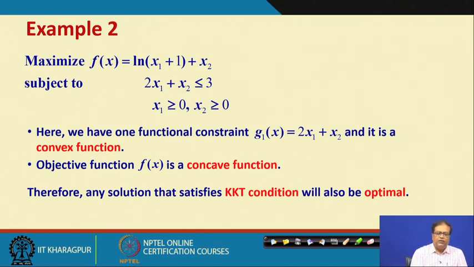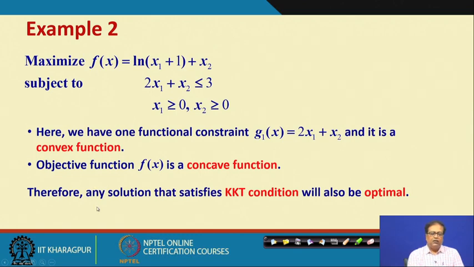Supposing I have a problem taken from the Hillier and Lieberman book, f(x) equal to ln(x1 plus 1) plus x2 subject to 2x1 plus x2 less than equal to 3, x1 greater than equal to 0 and x2 greater than equal to 0, right. So, we have one functional constraint and it is a convex function. Why? Because it is linear.